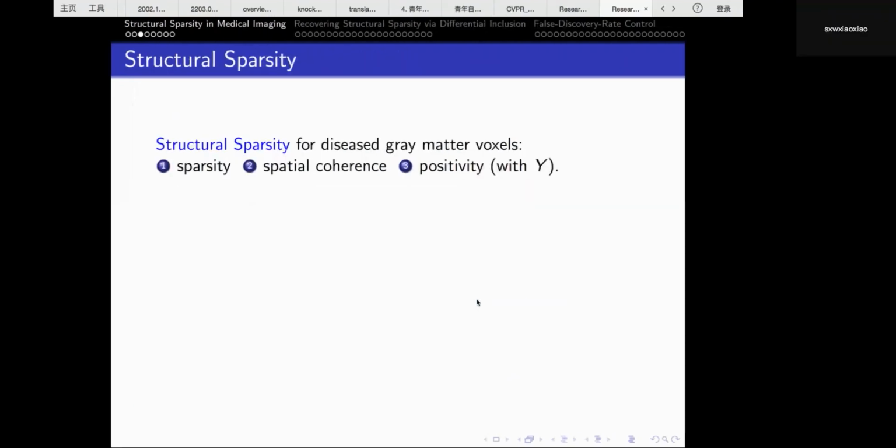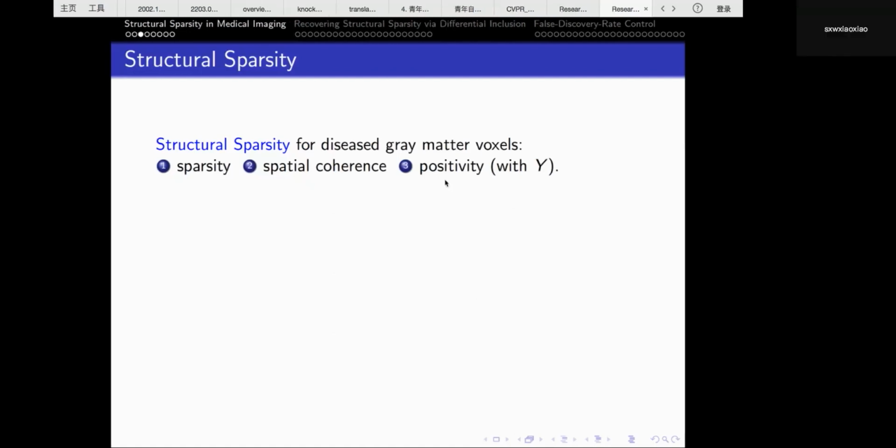In total, there are three types of structural sparsities. The first one is pure sparsity, which means only a subset of features being selected is meaningful because they are disease related. And the spatial coherence means the similar degree of degeneration or brain activity between adjacent voxels, which is commonly believed in the neuroimaging analysis.